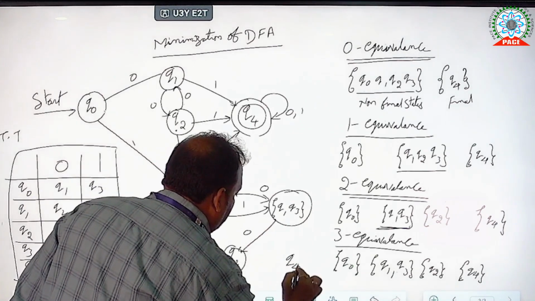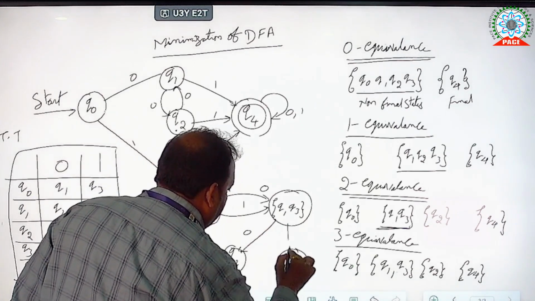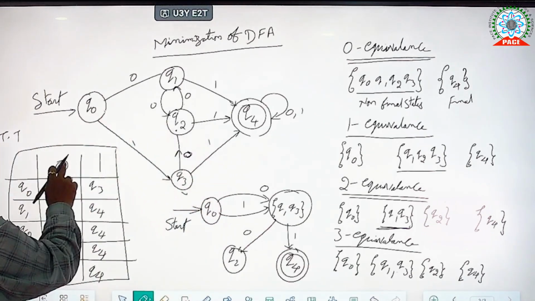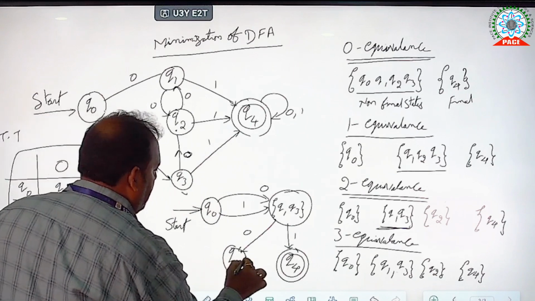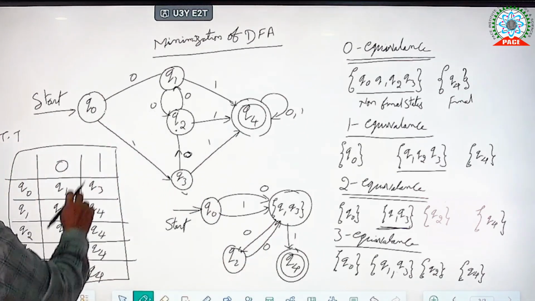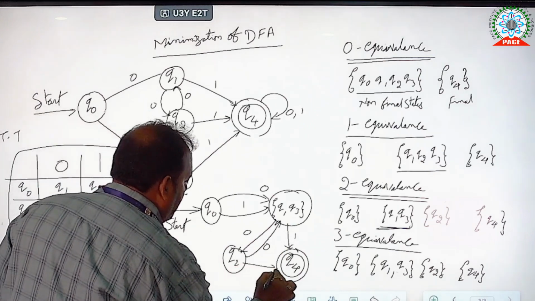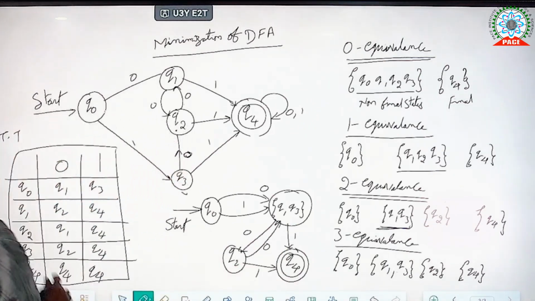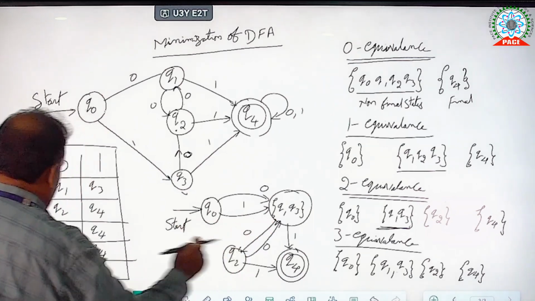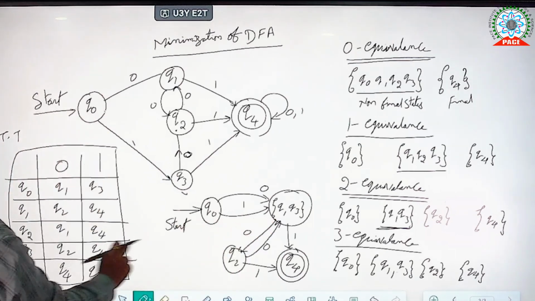Q2 has a 0 transition to Q1, and Q2 with a 1 transition goes to Q4. Q3 has a 0 transition to Q2, which is already there, and Q3 with a 1 transition goes to Q4, which is also already there. Q4 has a self transition on 0, 1.